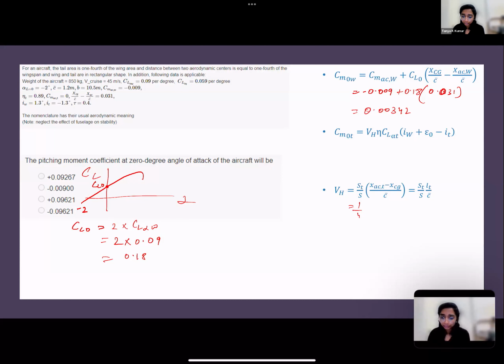How much is this? 1 by 4, exactly. 1 by 4. And is something missing? Yes, C bar. 1 by C bar, which is 1.2. So what is this value?